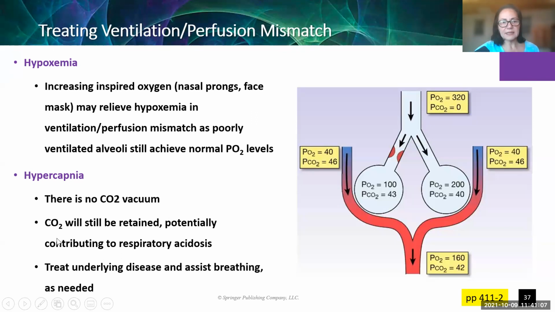So carbon dioxide ends up being retained and can potentially contribute to acidosis, the bloodstream getting more and more acidic. And because the problem is in the lungs, we call it respiratory acidosis. So really the best way to treat hypercapnia is to treat the underlying disease, figure out what it is that's limiting the air going in and out of these tubes, and try to fix that. And then support breathing as needed, possibly with ventilation.